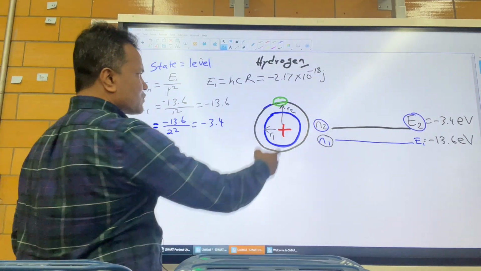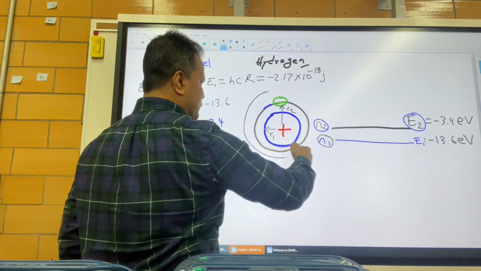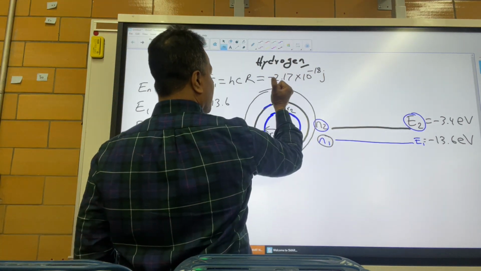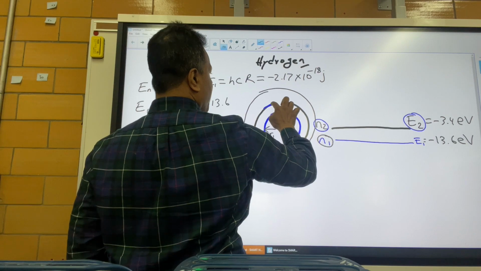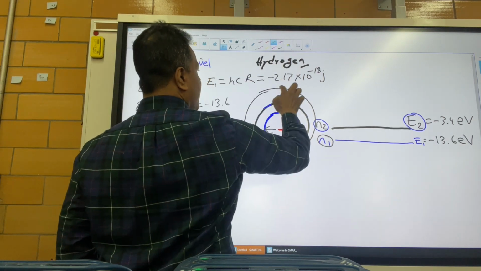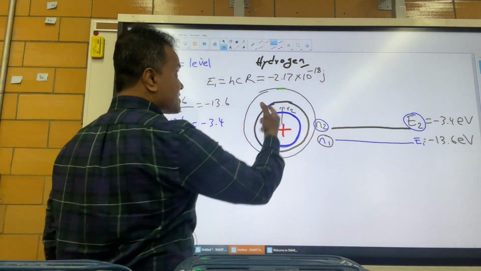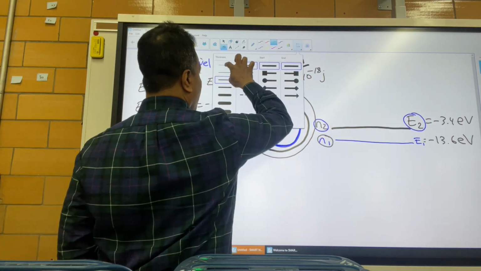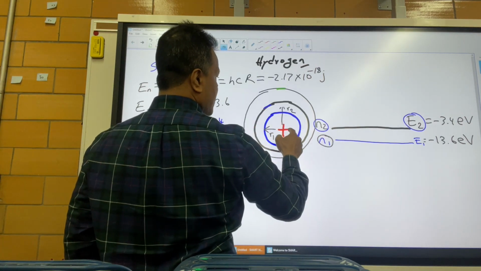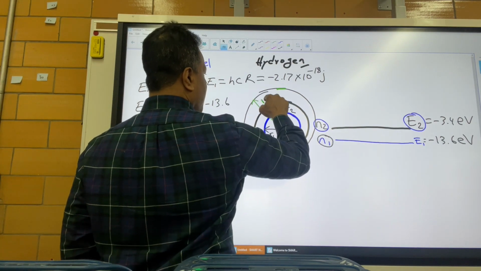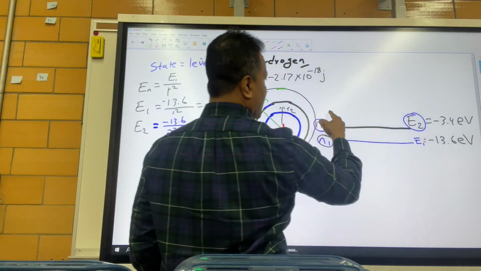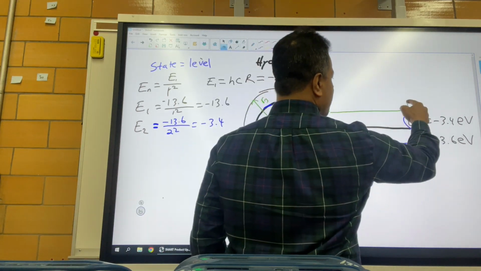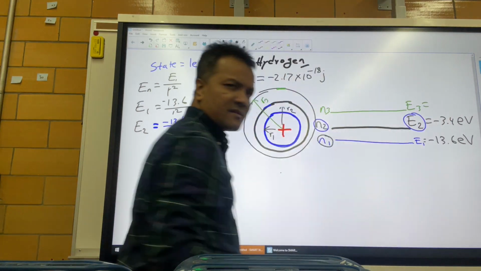Now, what if the electron is right here, R3 distance away? The electron doesn't have to be here. The electron can be farther away. So the electron can be right here, and then it is R3 away. What does that mean? That means the electron is in N3, which has an even smaller energy.